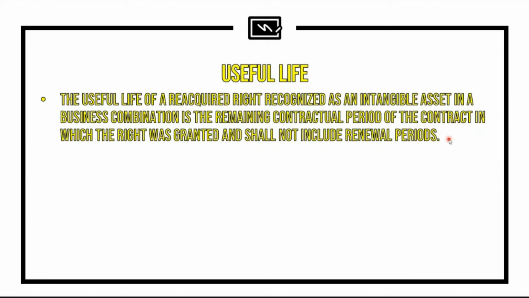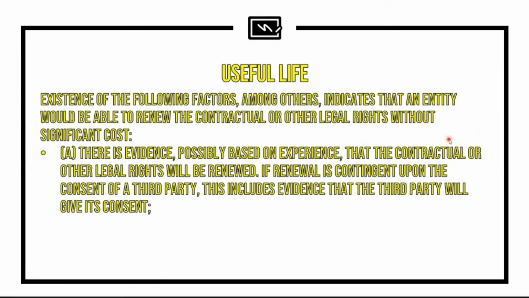So meaning if it was acquired in a business combination, we are not generally going to consider the renewal period because in a business combination, the original party to this contract is generally dissolved already. So meaning there is no capability for the original party to have the contract renewed. So in this case, the renewal period will not be included. But as a general rule, the renewal period will be considered.